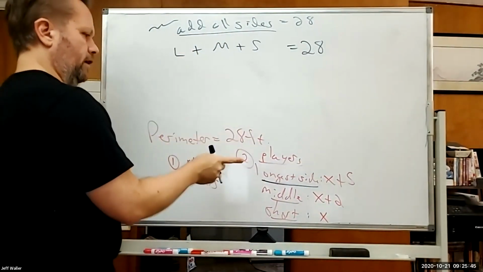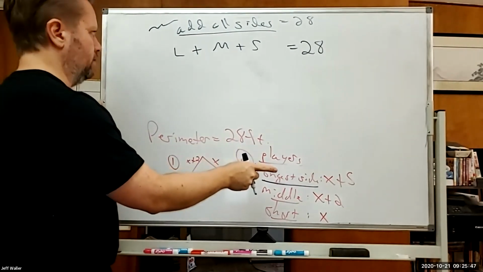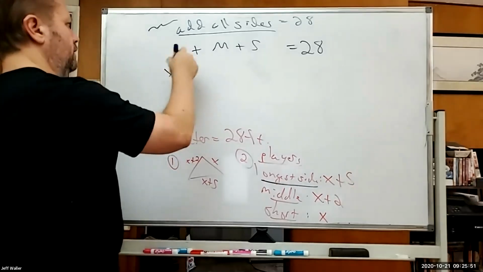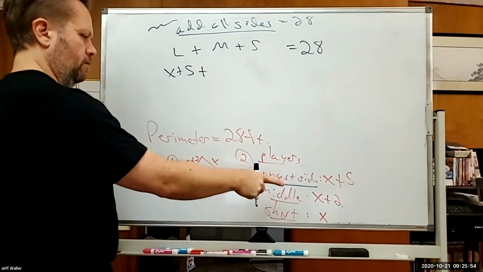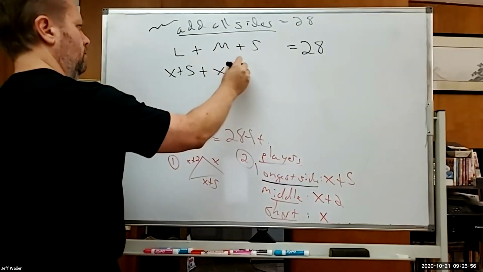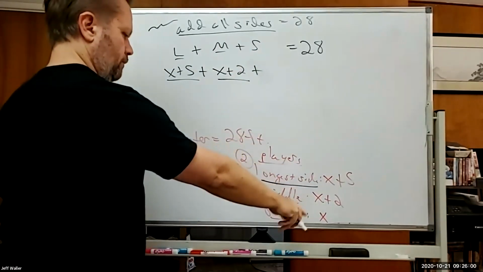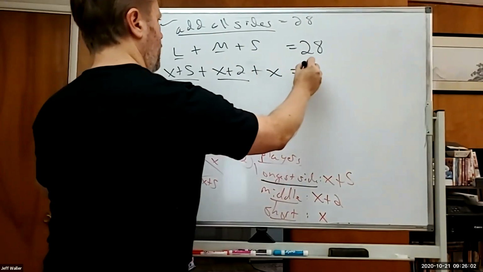So what's the longest side? What math name did we give it? X plus 5. So that's the longest side plus the middle side, X plus 2. All right, so there's the longest, the middle, plus the shortest side, X.